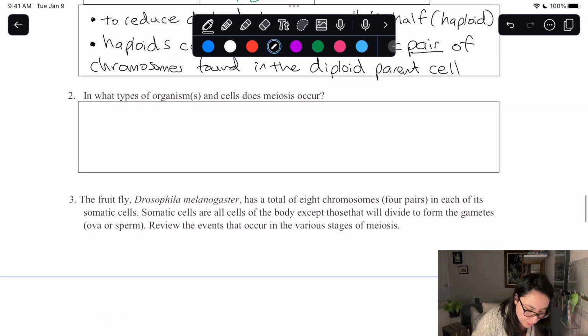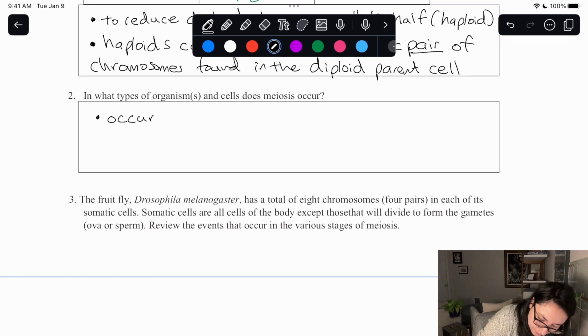And then in what types of organisms and cells does meiosis occur? Bullet point, occurs in eukaryotes.